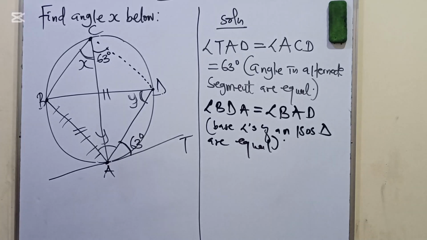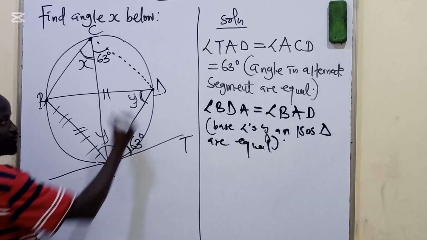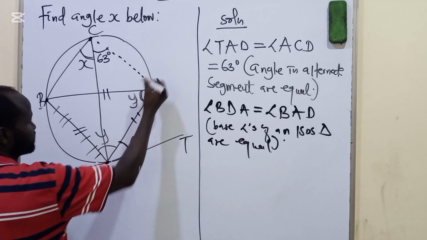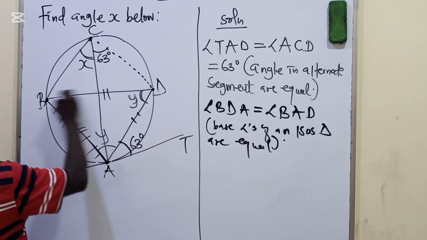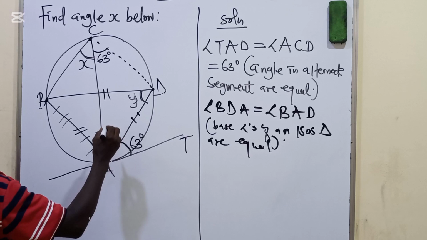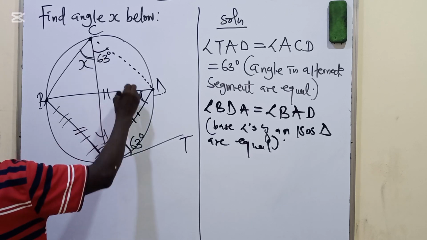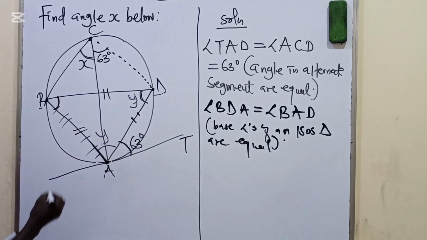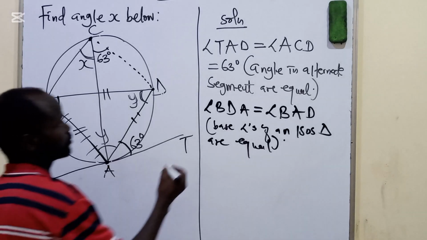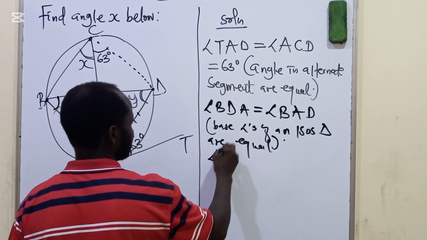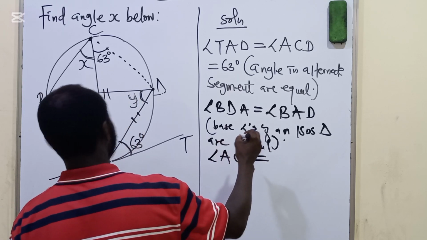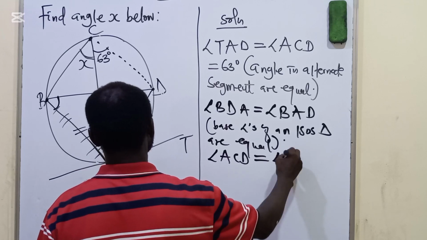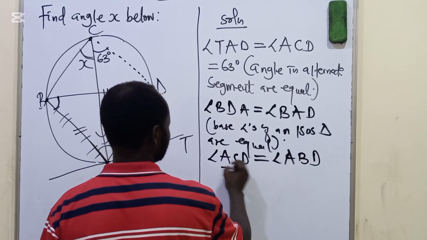Very important. Again, if we use chord A to D, what can we see? This is coming from the chord going into it. It means the angle here will be 63 as well. Angles in the same segment are equal. We can conclude that angle ACD will be the same as angle ABD, which is equal to 63.